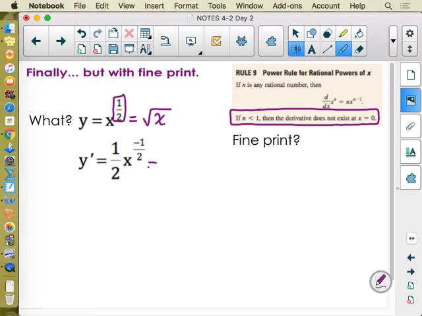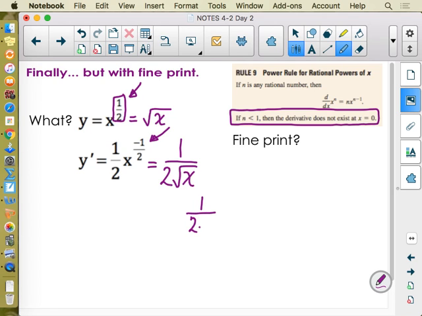So what the derivative is equivalent to, if we rewrote this, is this, and the fine print says that when we start in our original function with a power that's less than 1, our derivative ends up with a power that's negative, and therefore at x equals 0, this derivative does not exist.